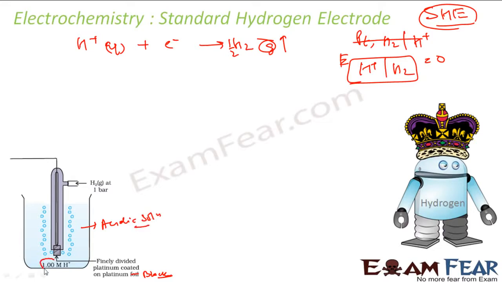And this is, please note, 1 molar H plus, maybe HCl or any acidic solution, right? And we bubble pure hydrogen gas. See, pure hydrogen gas is bubbled through it in this direction, right?